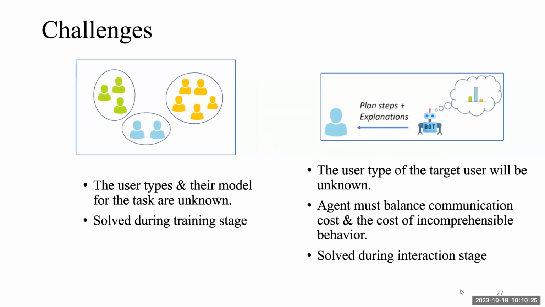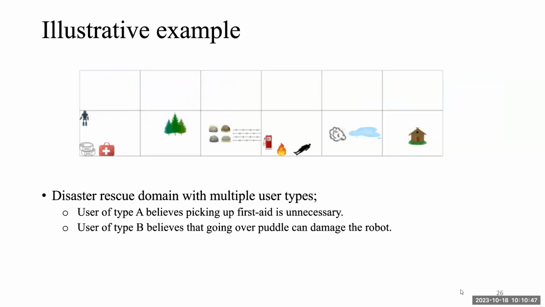So, in essence, your work is to let the robot help the user intelligently. Basically, we do not want to overwhelm users with a lot of information. So imagine a system where it is much better if the user of type A is interacting with the robot, then we only give this explanation.